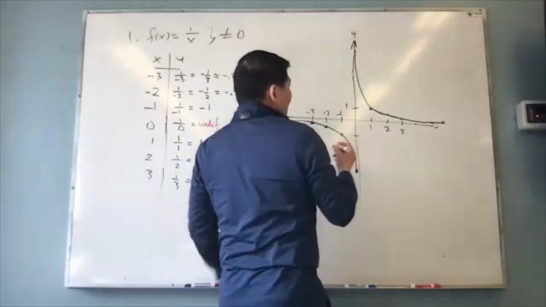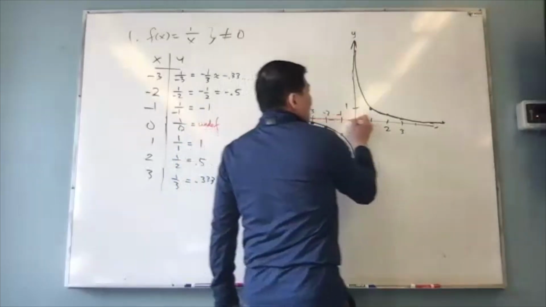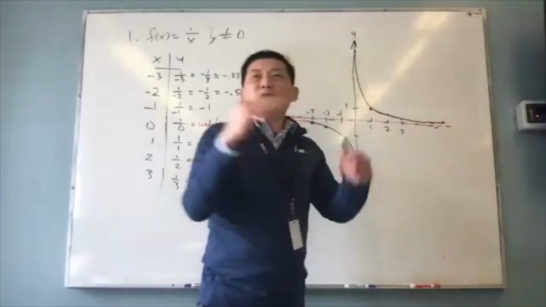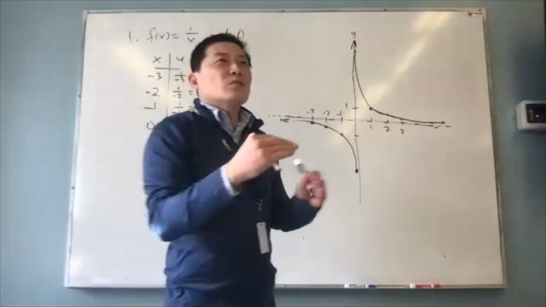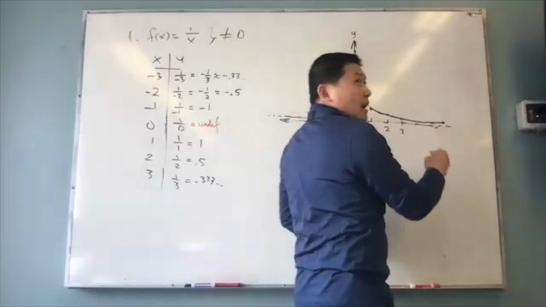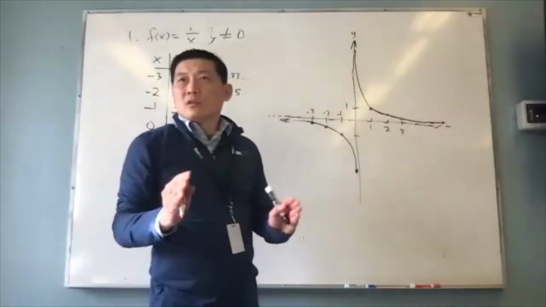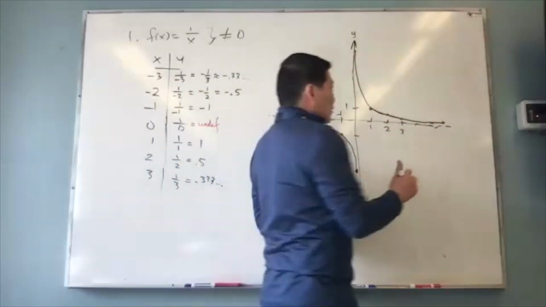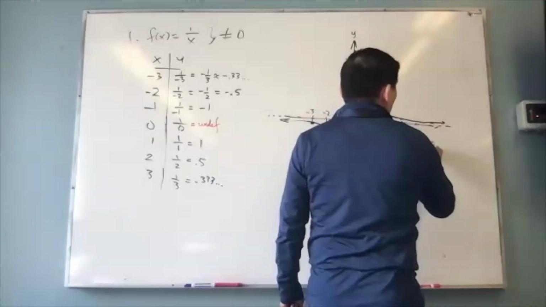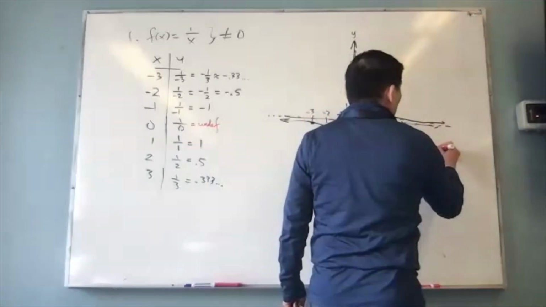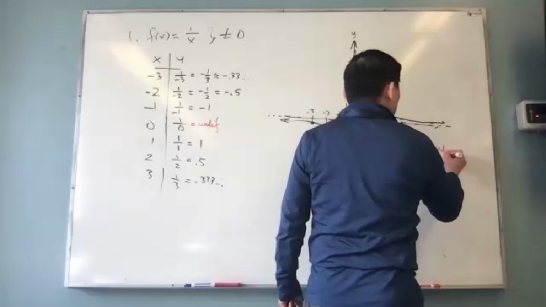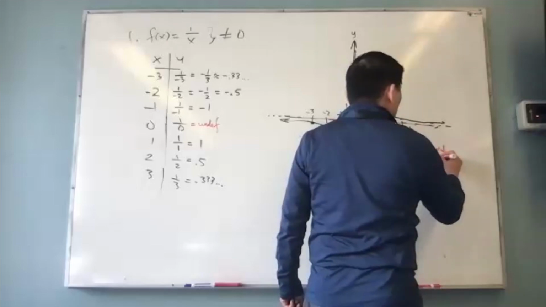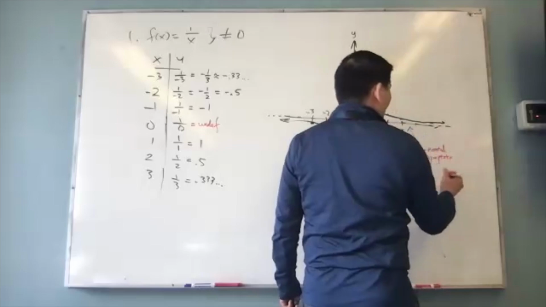And you say, okay, there's an invisible barrier for this graph to ever cross. This is an invisible barrier, and we call this the horizontal asymptote. Right?